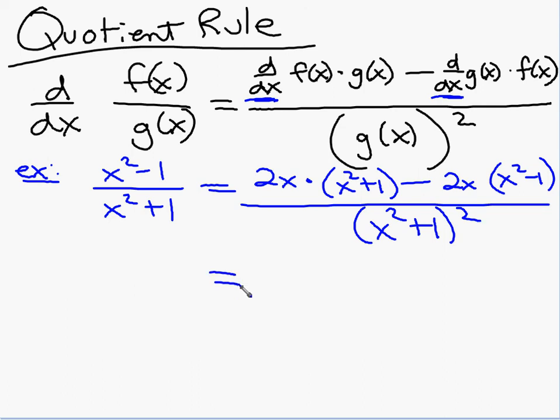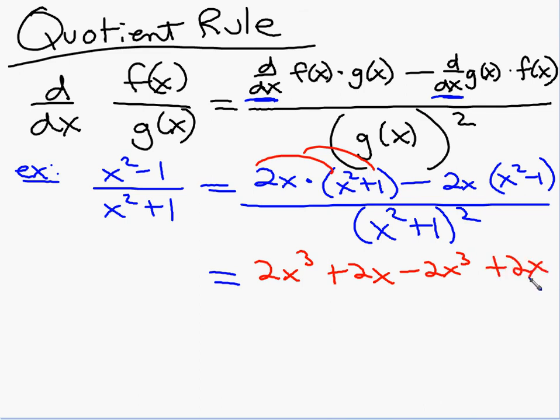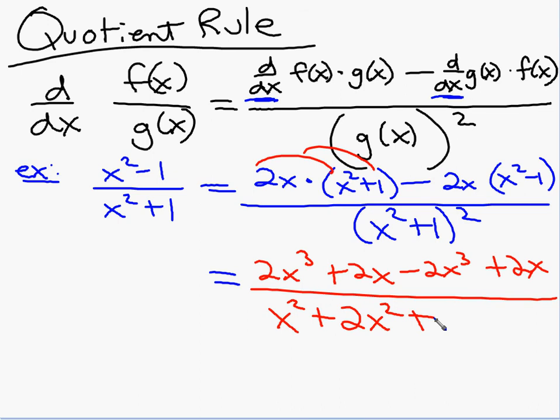So then, to finish this up, you would do distributive property and simplify this thing. 2x cubed plus 2x minus 2x cubed plus 2x all over x to the fourth plus 2x squared plus 1.